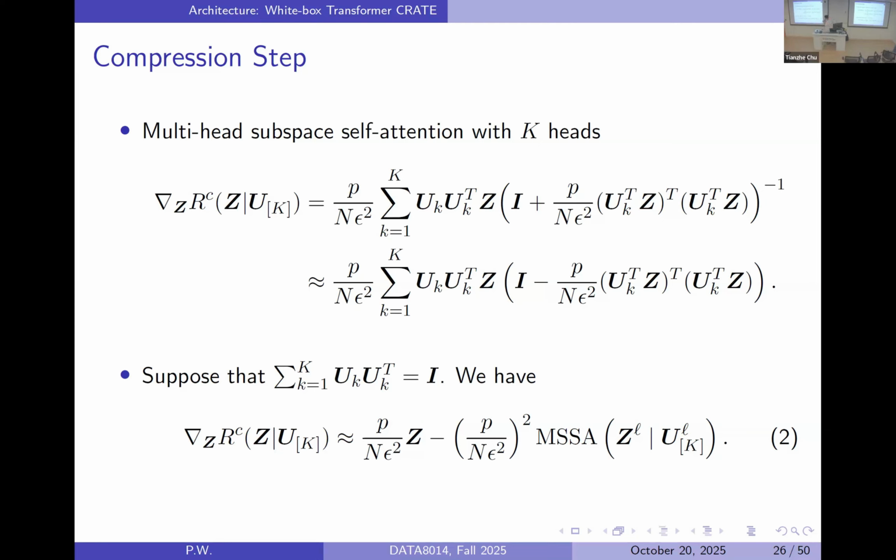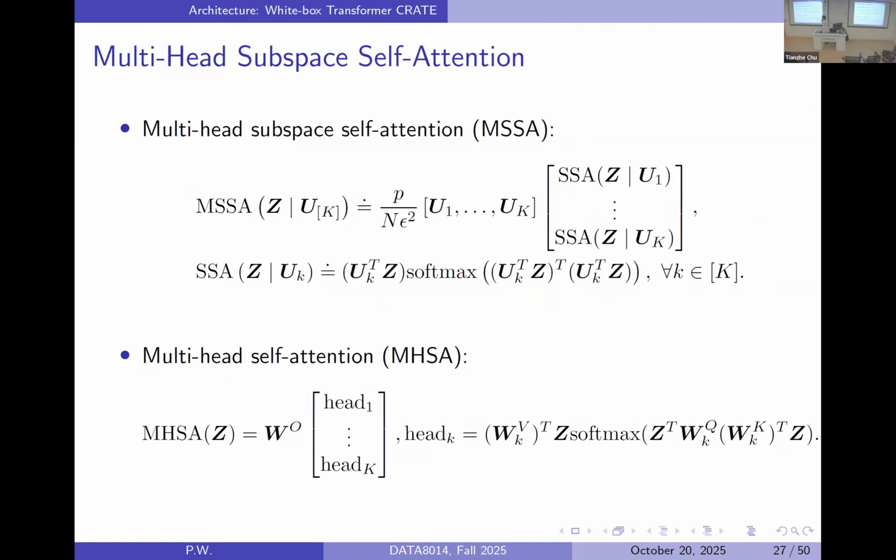First we take a look at the multi-head subspace self-attention. I think most of you have seen the multi-head standard self-attention. It takes this formula: this is the output matrix, and these are head 1 until head K. W^O does a linear combination of these different heads.